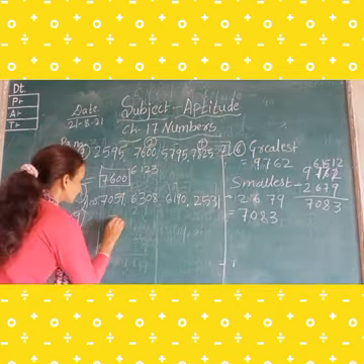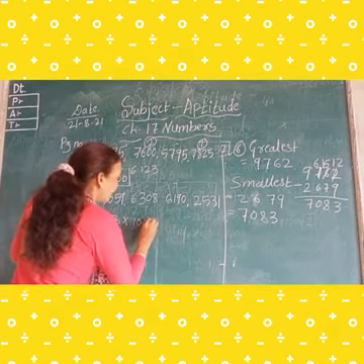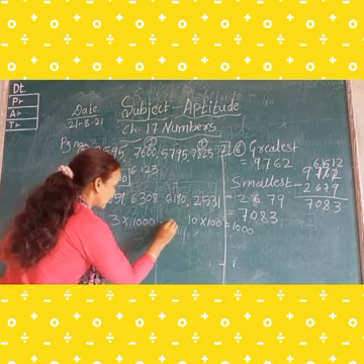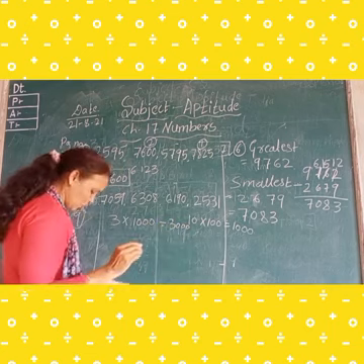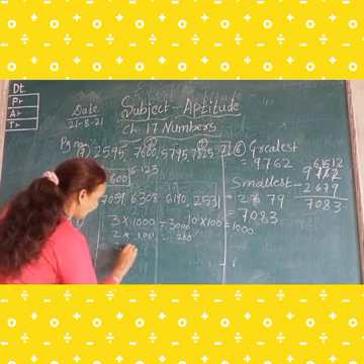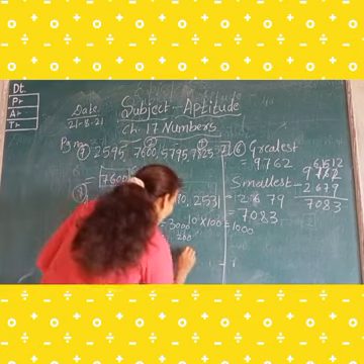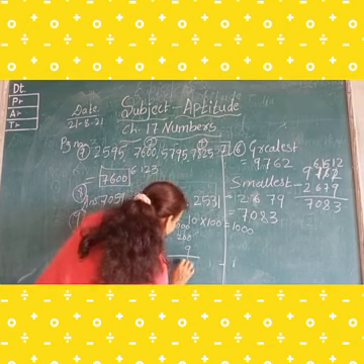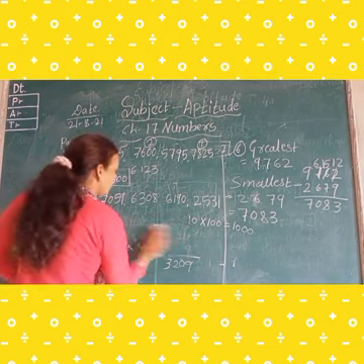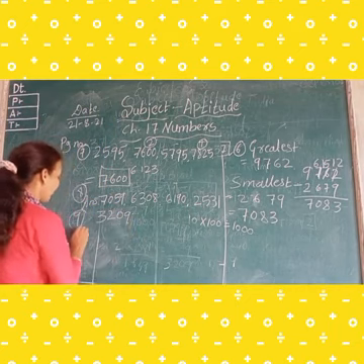Listen, 10 hundreds equal 1000, so 3 thousands is 3000. Next, 2 hundreds, 2 into 100, is 200. Then 9 ones. So our answer is 3209.